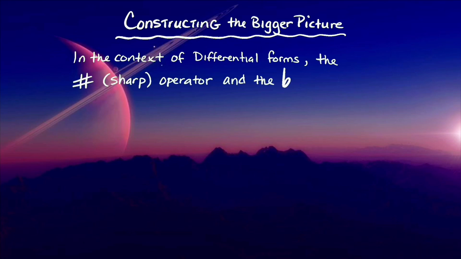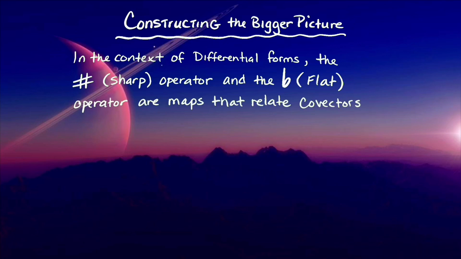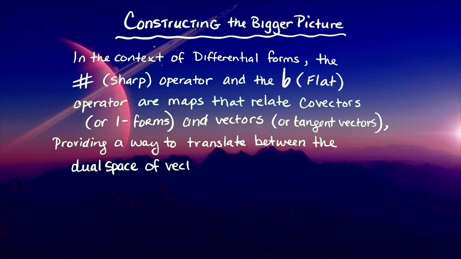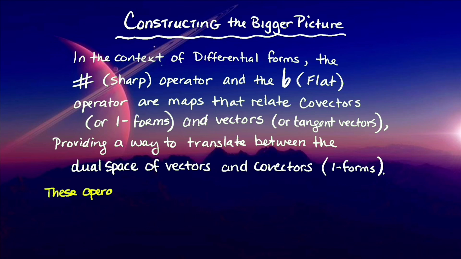Constructing the bigger picture. In the context of differential forms, we have two new operators to talk about: the sharp operator and the flat operator, sometimes referred to as musical operators, for obvious reasons. They are maps that relate covectors or one-forms and vectors or tangent vectors, providing a way to translate between the dual space of vectors and covectors.